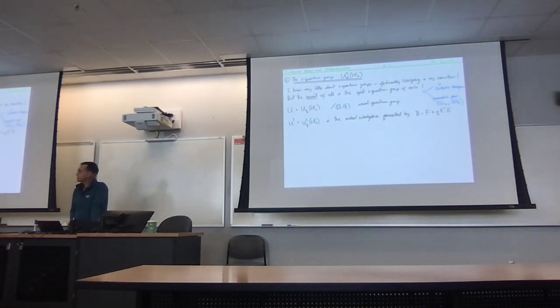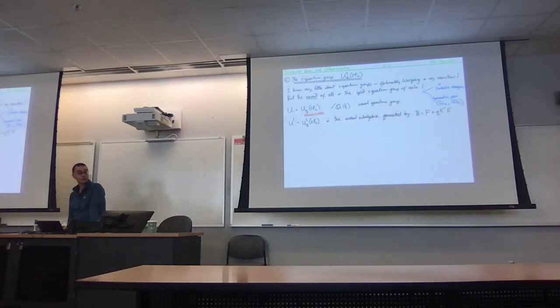So let me explain what it is quickly. Let's start with ordinary quantum SL2, with generators E, F, K, and K inverse, over Q(q), where q is generic, over the rationals.